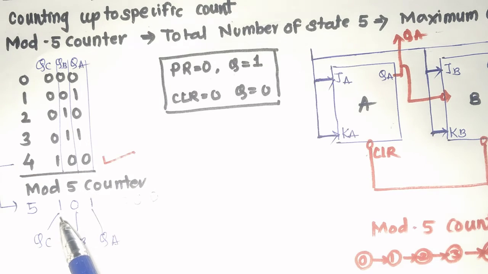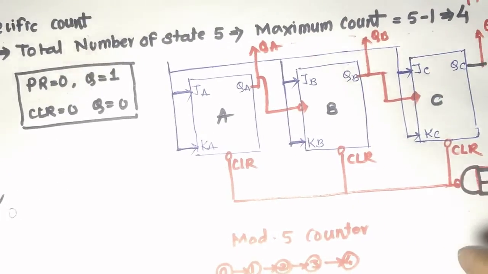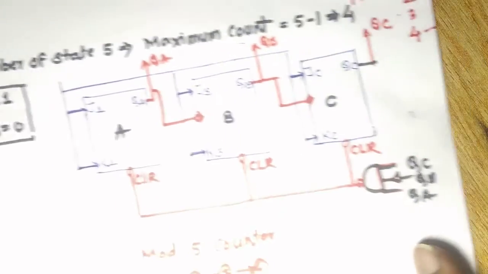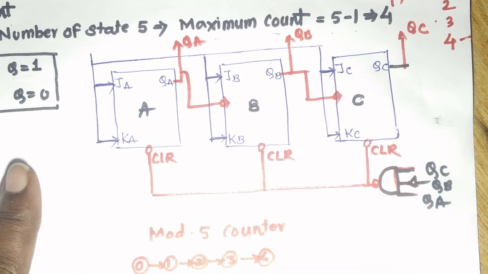You can see that the first is QC, the middle one is QB and the last one is QA. So we have to consider QC equal to 1, QB equal to 0 and QA equal to 1.